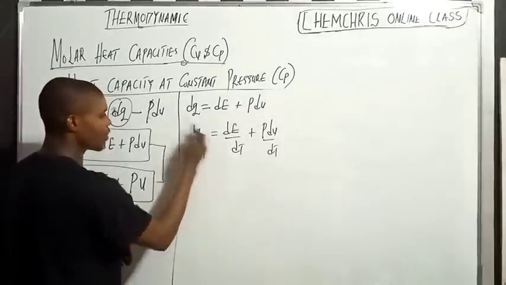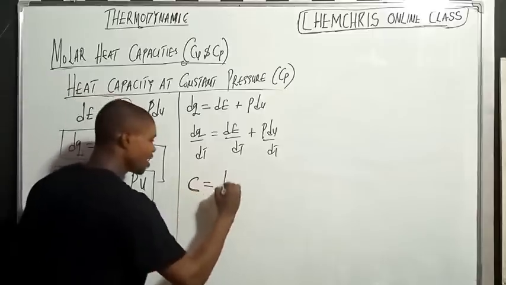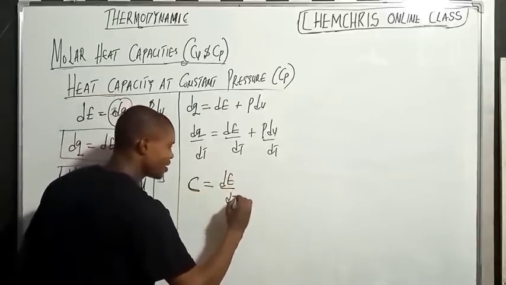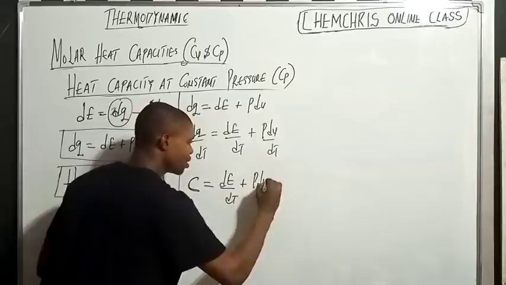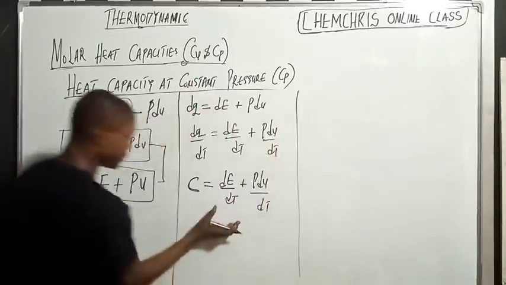So in the previous one here, you can just replace it: the heat capacity C equals change E over change T plus P change V over change T. Do you understand? Now that is for this one here.